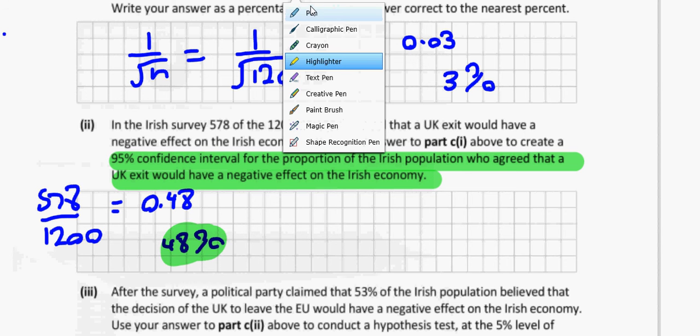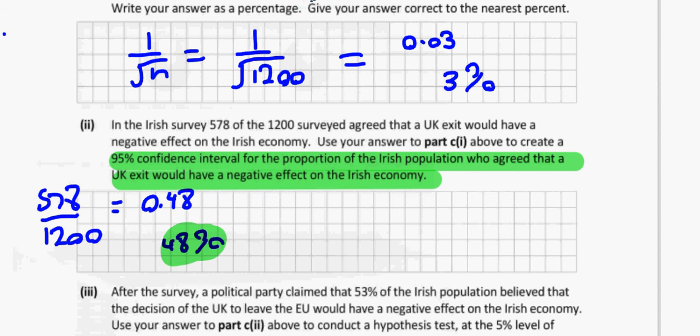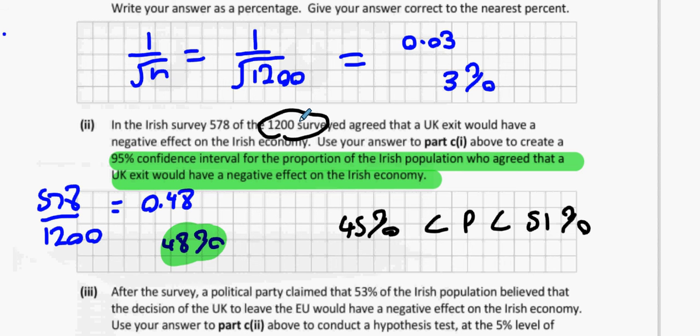But did we interview the entire population of Ireland? We only interviewed 1,200 people, so there could be an error in what we said. To give us a bit more margin, we take away 3% and add on 3%. And we say that we're 95% certain that the real answer is somewhere between 45 and 51 when we survey 1,200 people.